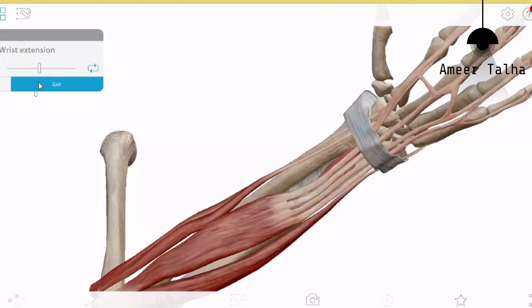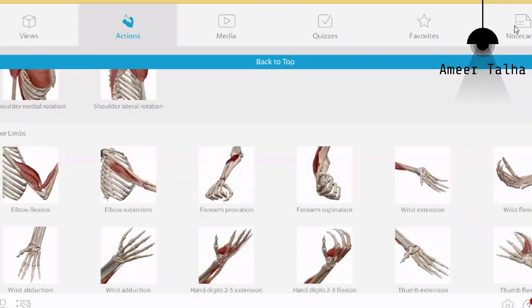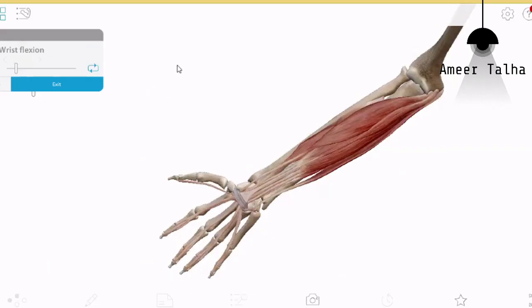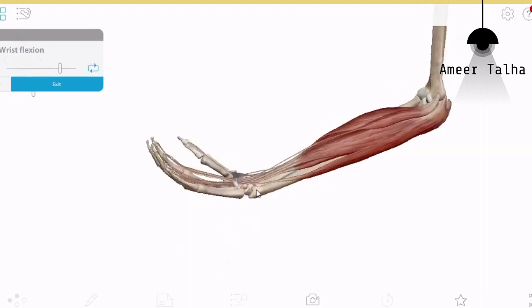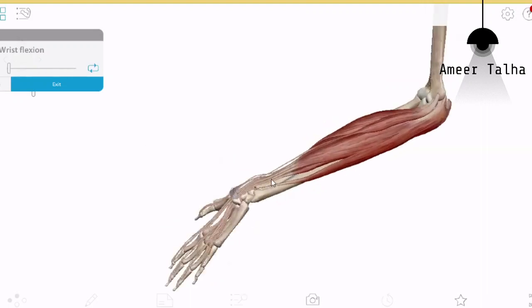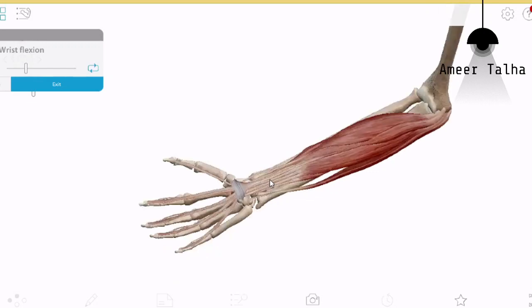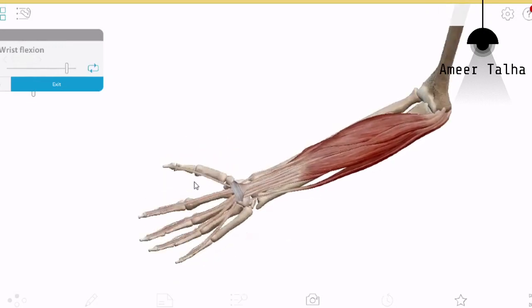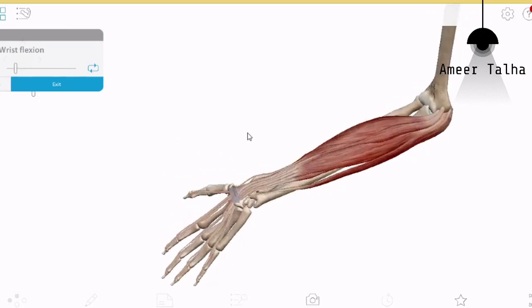And what would be the flexors of the wrist joint? Flexor digitorum profundus, flexor pollicis longus, flexor carpi ulnaris, flexor carpi radialis. All these would be involved in the flexion of the wrist joint.